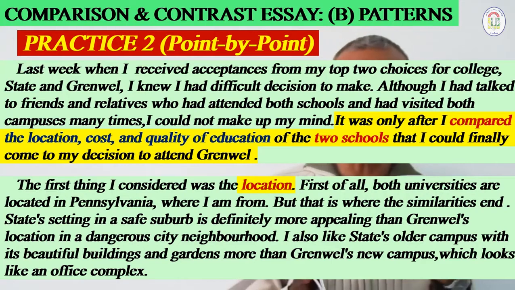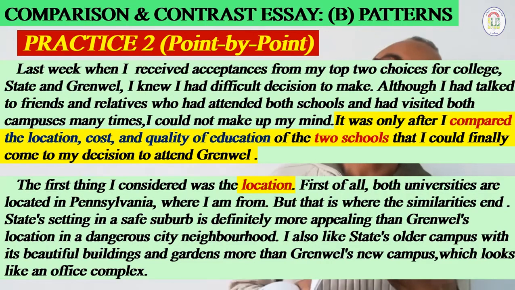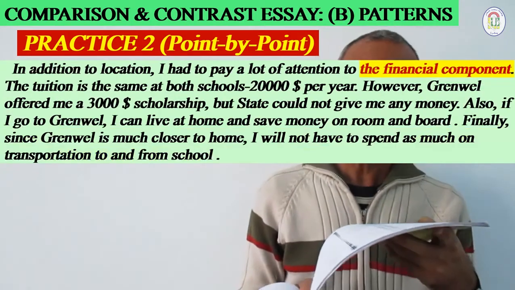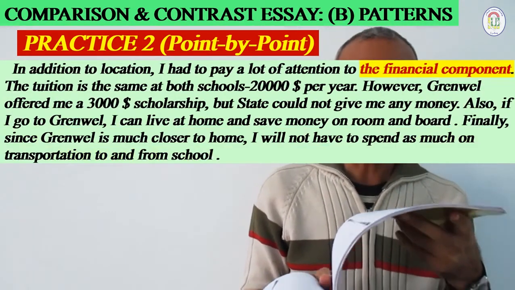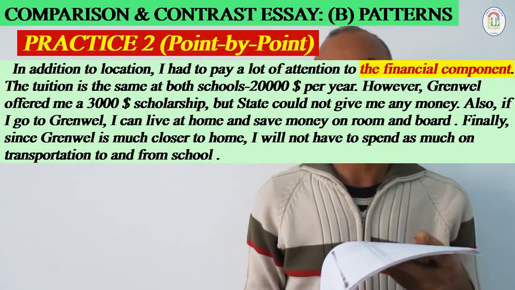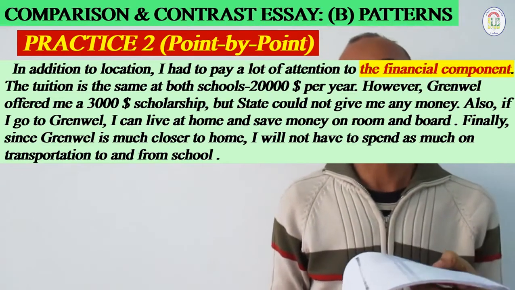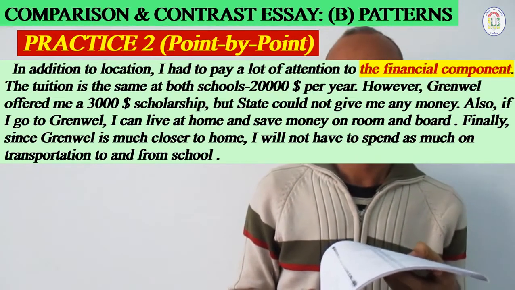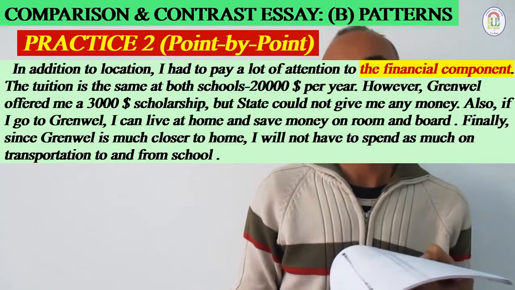So the first point here is location. He compared and contrasted the 2 universities with regard to their location. Clear? Number 2, paragraph: In addition to location, I had to pay a lot of attention to the financial component. It means he speaks about the fees and financial requirements of the 2 schools as the second point.